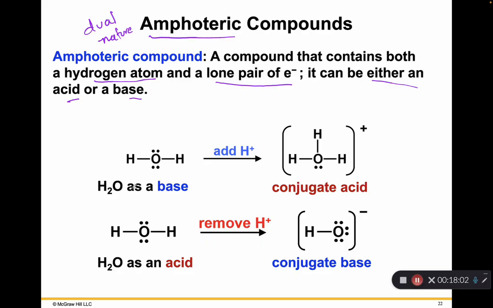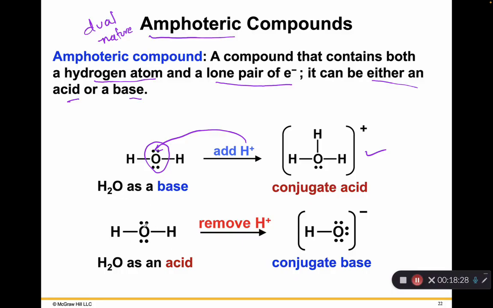Okay, so let's see here. When you write water as a base, you are talking about the lone pair of electrons on the oxygen. Now, when H plus comes, you make a bond with the lone pair of electrons, right? The electron rich area bonds with the electron poor proton and forms the conjugate acid here, right? Hydronium ion.